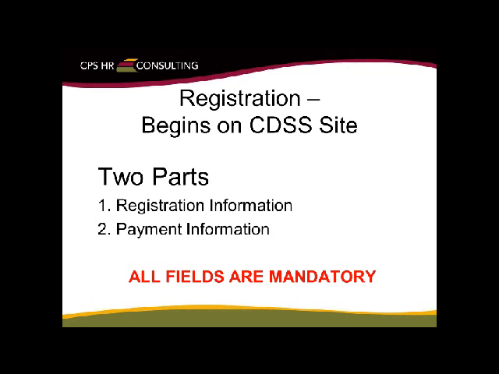Okay, so let's talk now a little bit more in depth about registration. So as I mentioned, the process will start on the Department of Social Services website. The person will click on a link for the online orientation, and that's going to take them to a registration page.